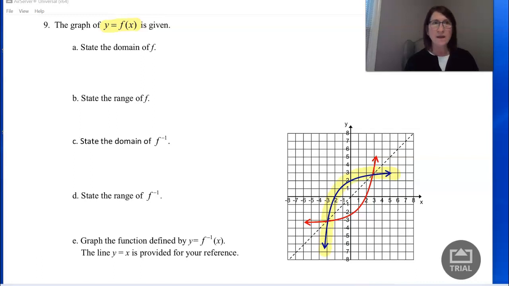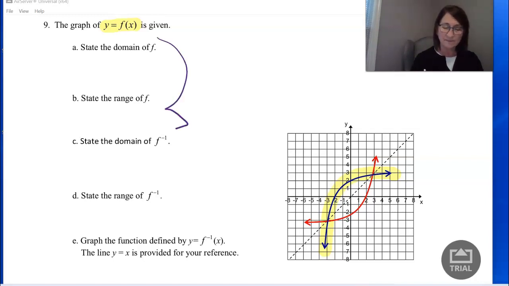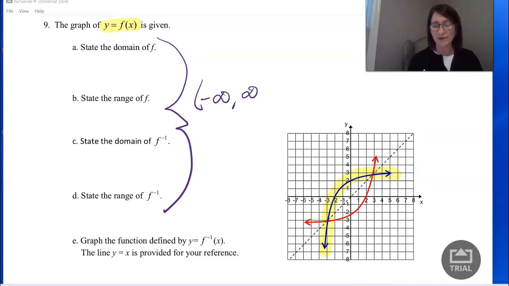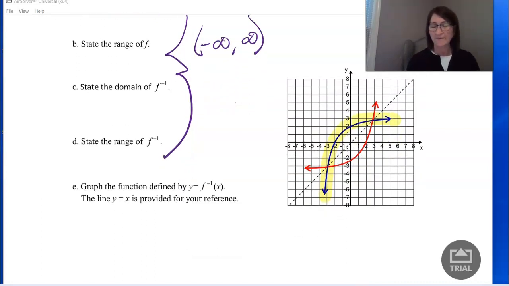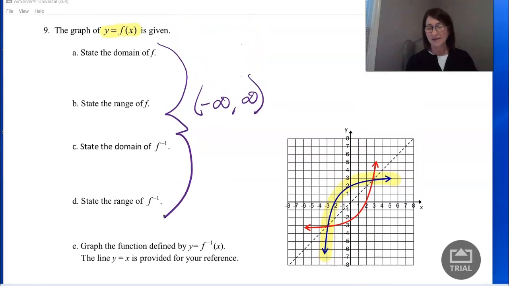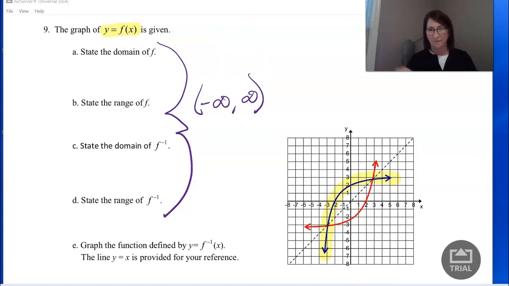And the domain for all of these is going to be all real numbers. And our red line is going to be the graph of the inverse of that function.